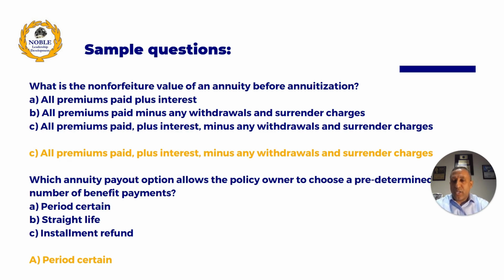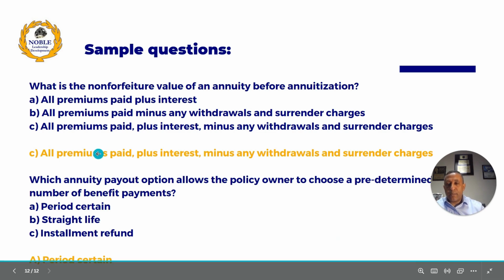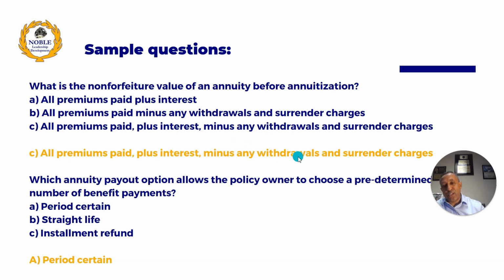So the correct answer is C, all premium paid plus interest minus any withdrawals. So that's what the beneficiary gets. It's non-forfeiture, so your money is still there for the beneficiary to receive. Always think premium paid plus interest, but if there are any withdrawals, those have to be subtracted from the death benefit as well. All right, last question.